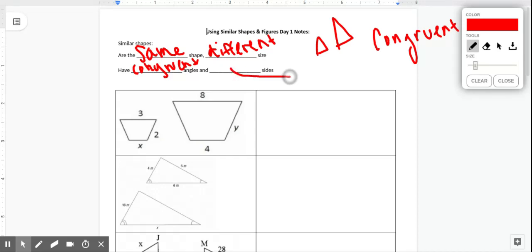And this blank is corresponding. Okay, so remember that the word corresponding means that it's in the same spot or the same position. Okay, make sure you have that written down before we start practicing.